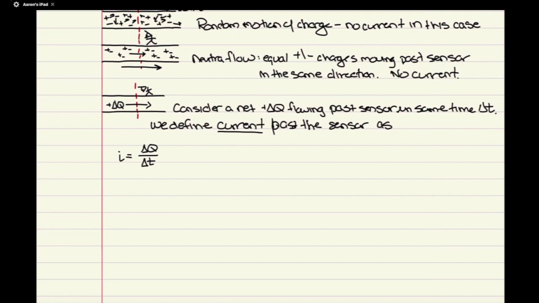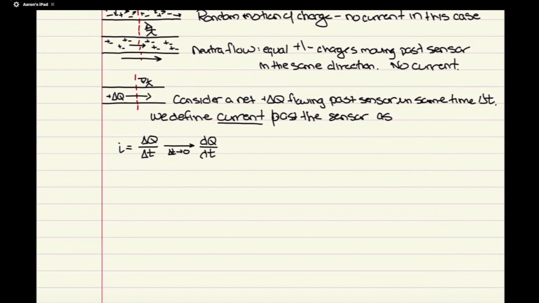As you might imagine, I can now do calculus with you. In the limit that we take these time measurements in smaller and smaller quantities, this simply becomes the derivative dQ/dt. And this is how we define current.